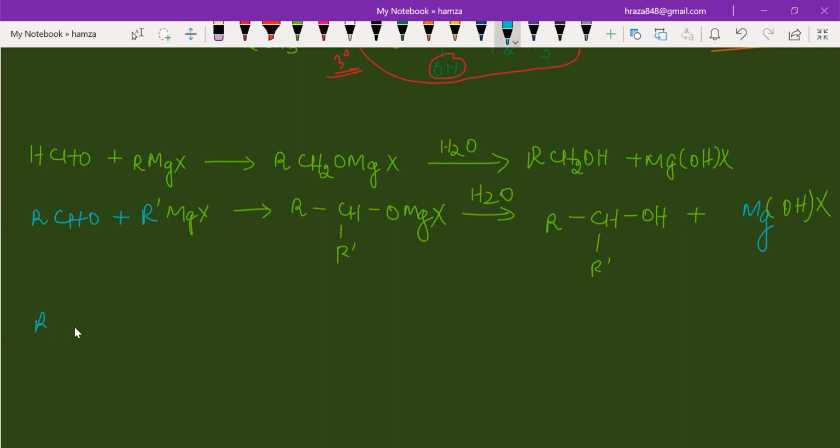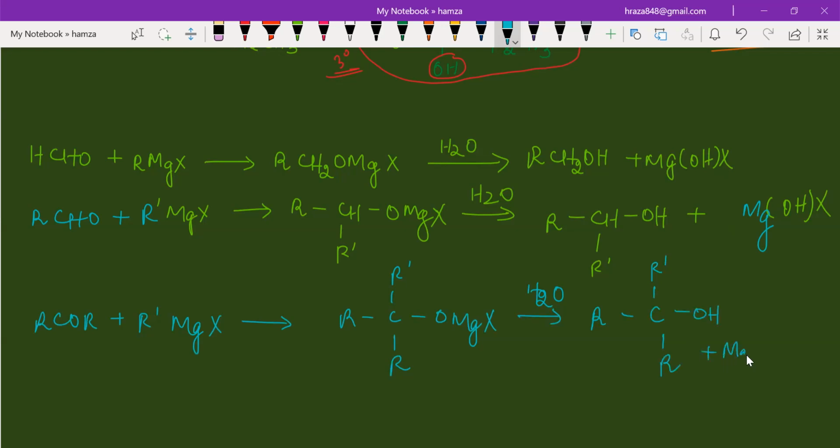Now, if you have a ketone and you are going to react this with R dash MgX, you will get this OMgX, and after hydrolysis, you will get R, C, R dash, R, OH, and MgOH.